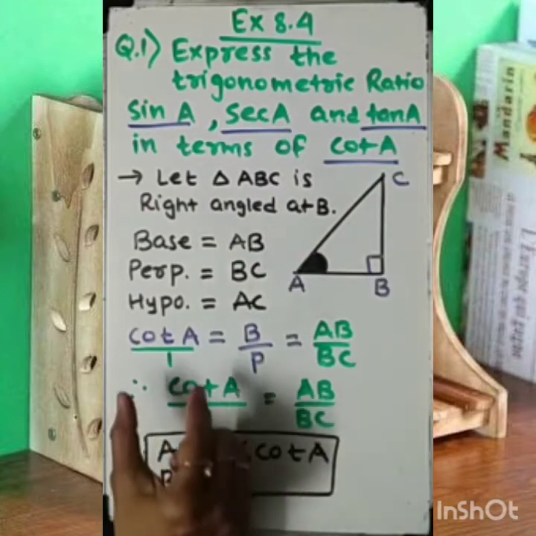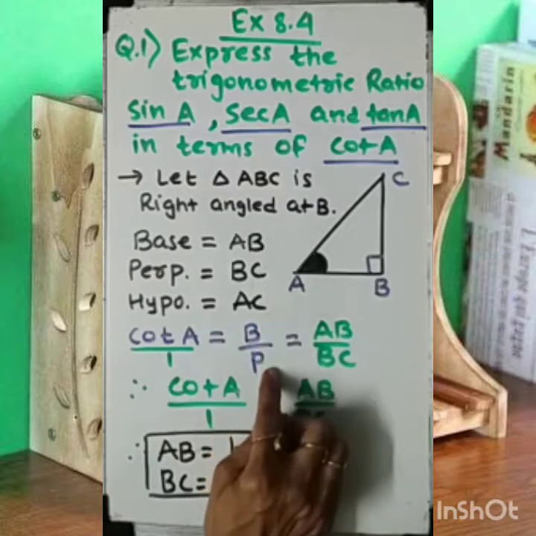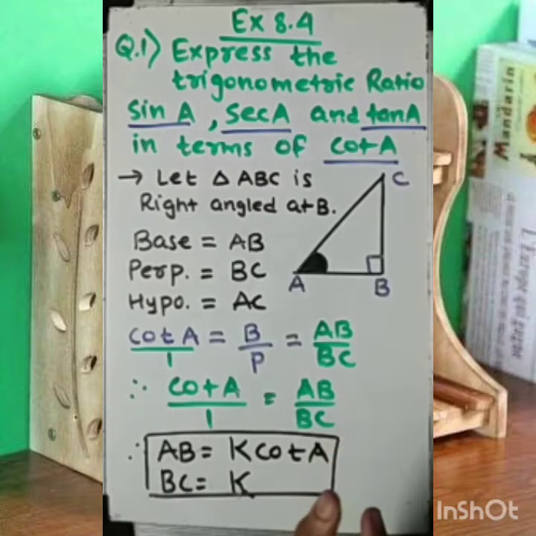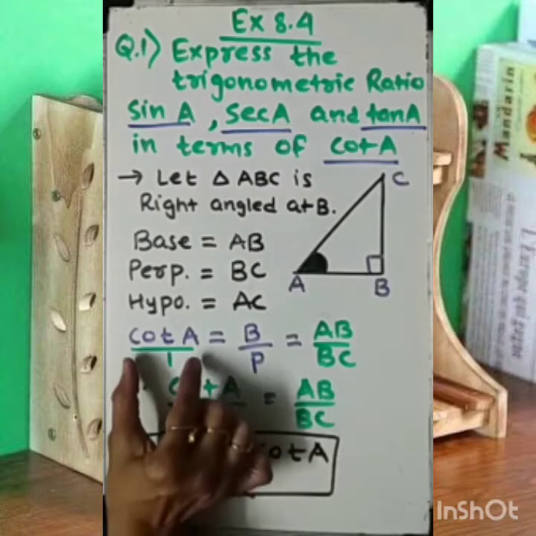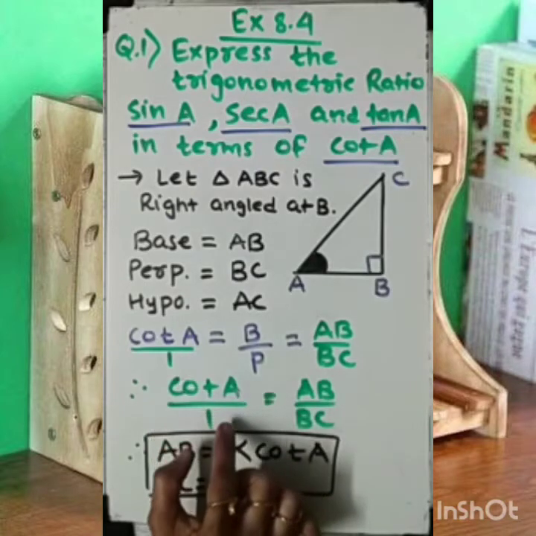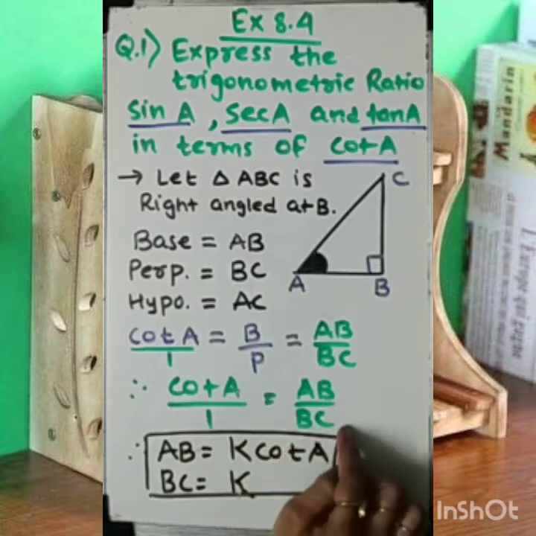You know very well, dear student, the value of cot A is B by P, base upon perpendicular, so it will be AB by BC. Here I have simply written cot A by 1. I am mentioning the ratio as cot A upon 1 equal to AB by BC.